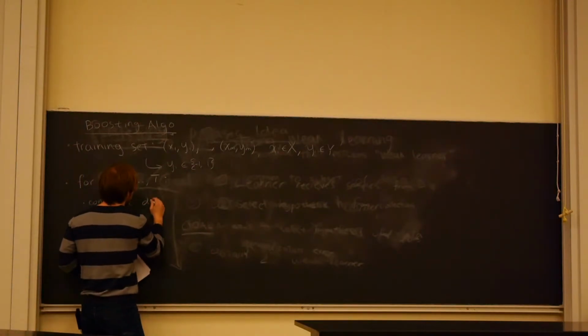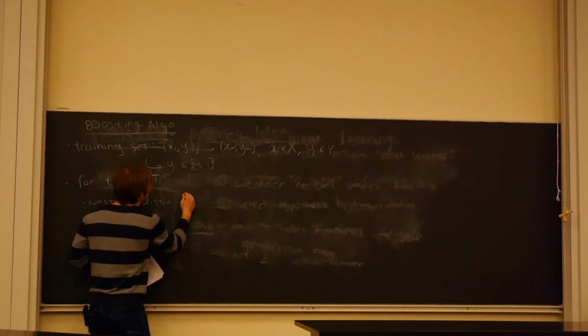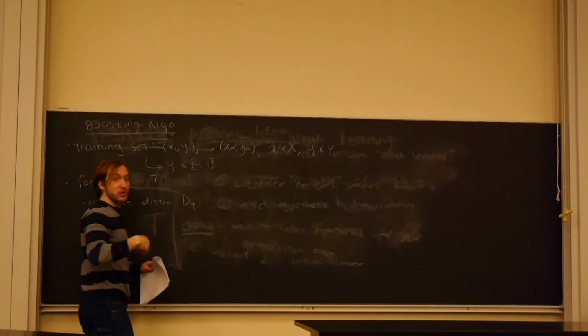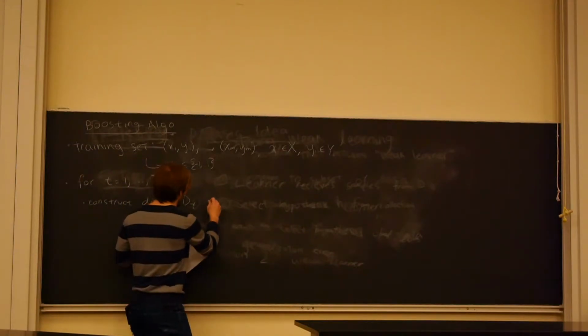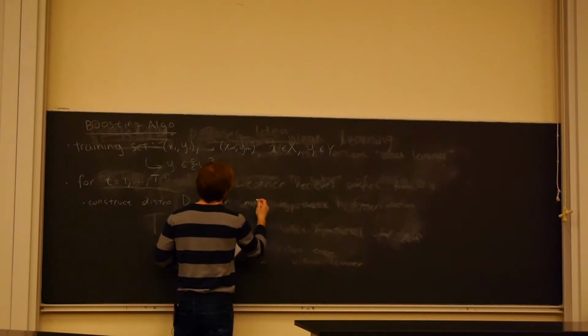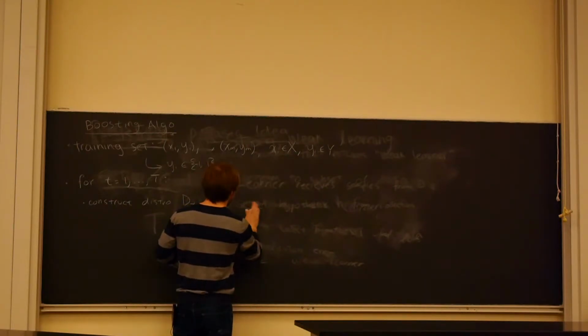So we'll say construct distribution capital D sub t. So we index it by which round we're on, because we create a new one each round, over your data points m, or we'll just write it out for 1 through m.